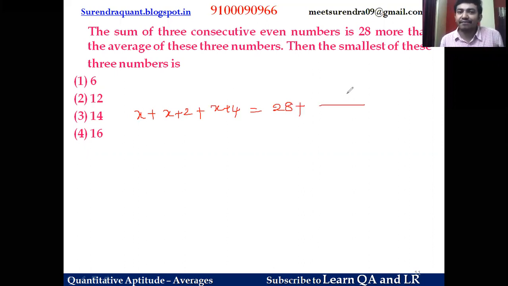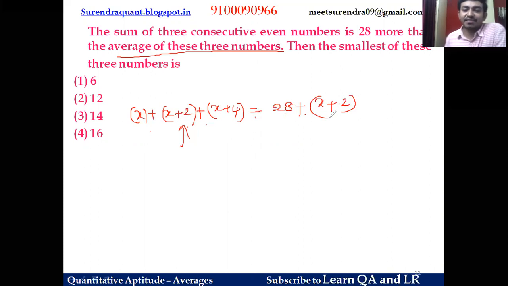What do you mean by average? The middle term, because they are in AP. That is the advantage of knowing the properties. So the average is the middle term, x plus 2.